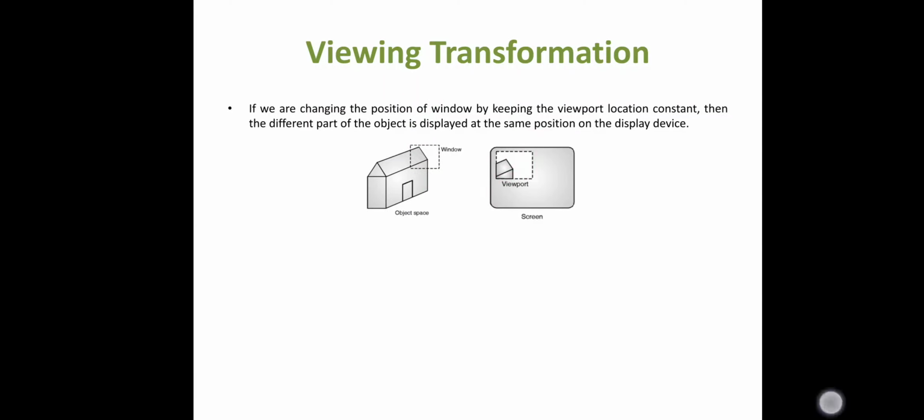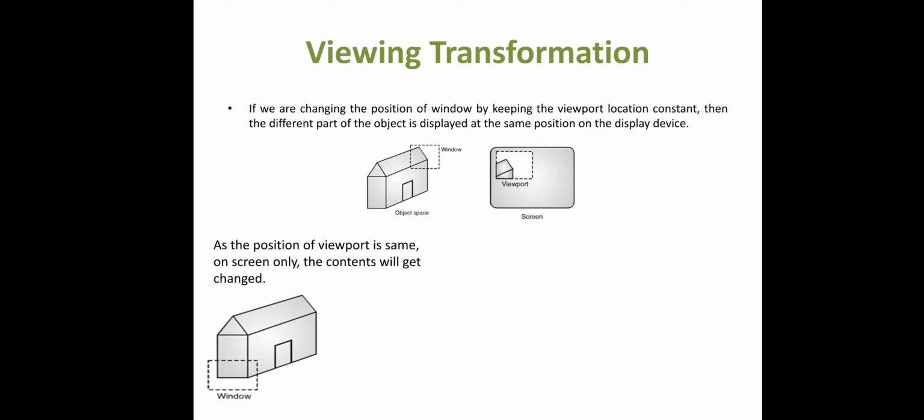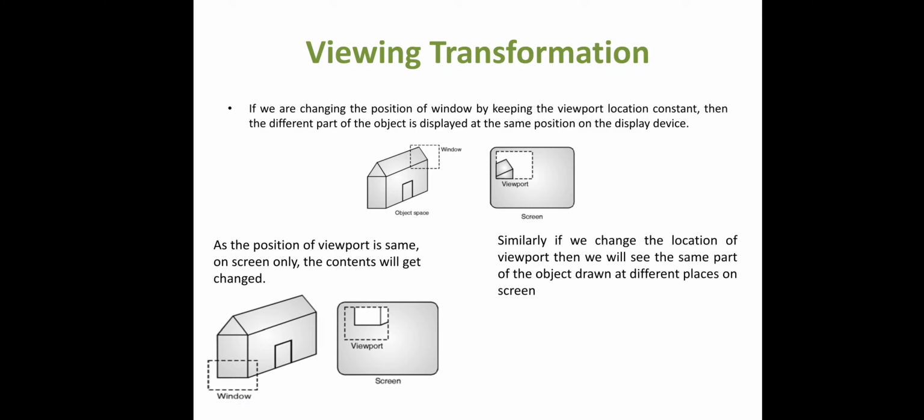Now I am not going to change the viewport location, but I am going to change the window location. In this diagram you can see my window is transferred from this location to this location. At that time the viewport is updated with the new window contents.